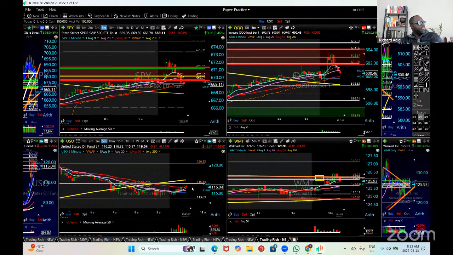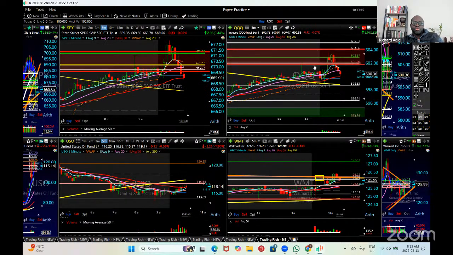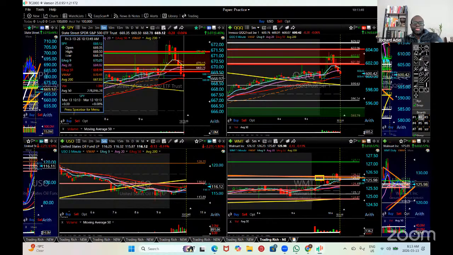But oil looks like it's just consolidating, looking like it wants to bull flag or something. I don't know what oil is doing. Looking for that push. SPY looking very weak, right? If you look at this, this is our 5 minute time frame. SPY is close to the 50 EMA.